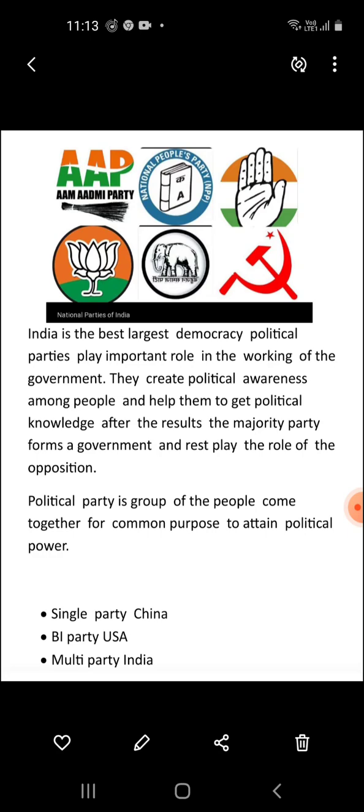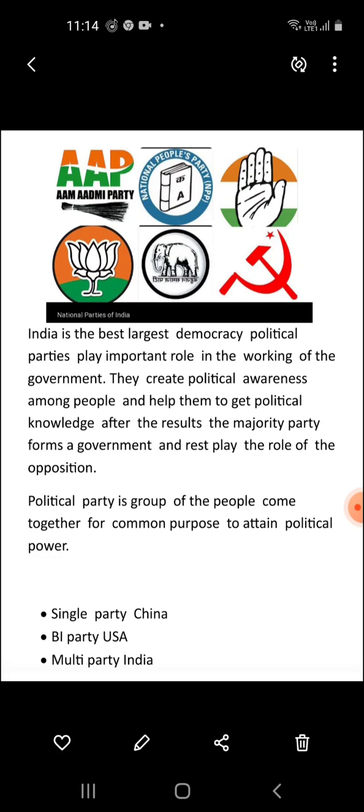As you all know, to form a government, a political party is very much necessary. If the government does not work according to the will of the people, then people have full authority to dethrone that government and form a fresh one in its place.